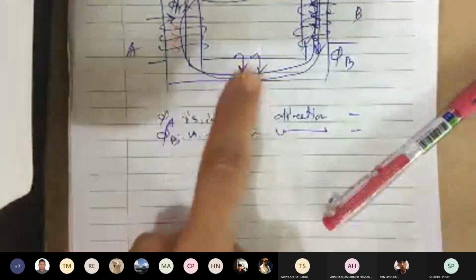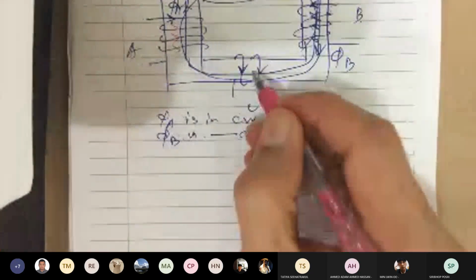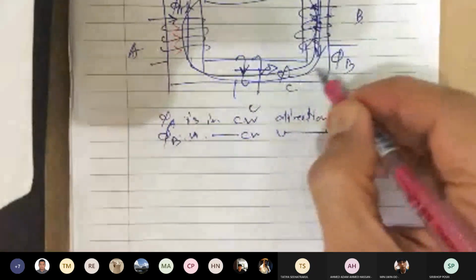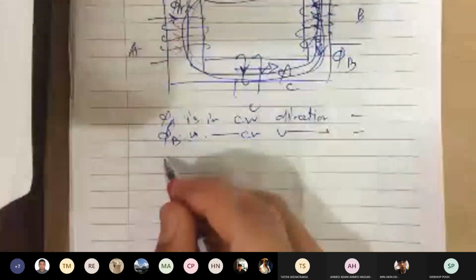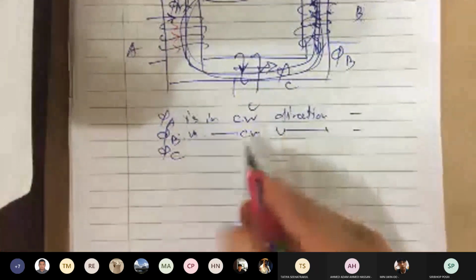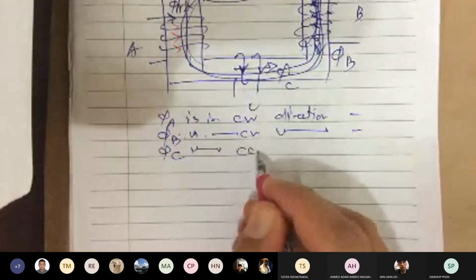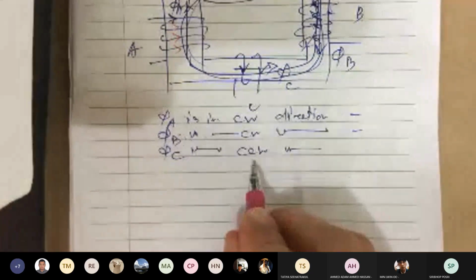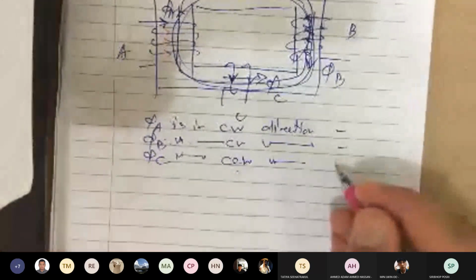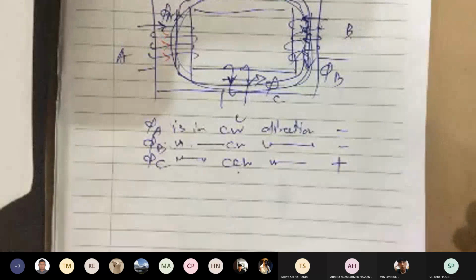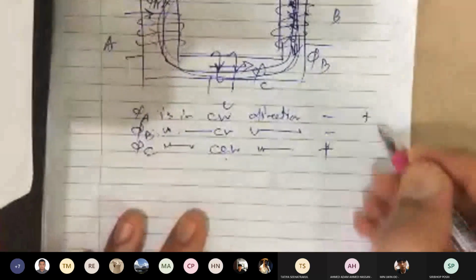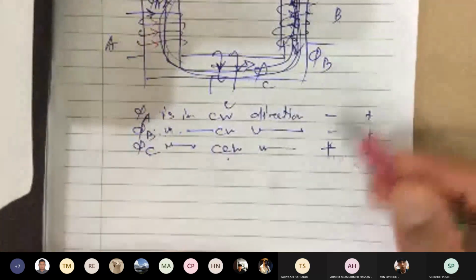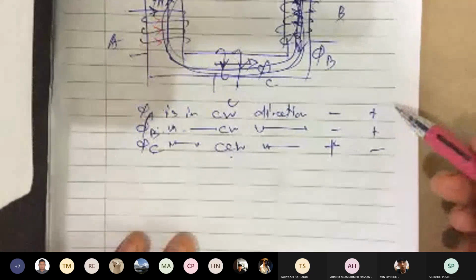Now this time, it's going to go to the right of that coil. But if it continues, it would flow in counterclockwise direction. So C would be different from the other two. CCW, if it's different, the sign of phi C has to be positive. You can do it like this, or you can do positive, positive, and negative, whichever one you like.